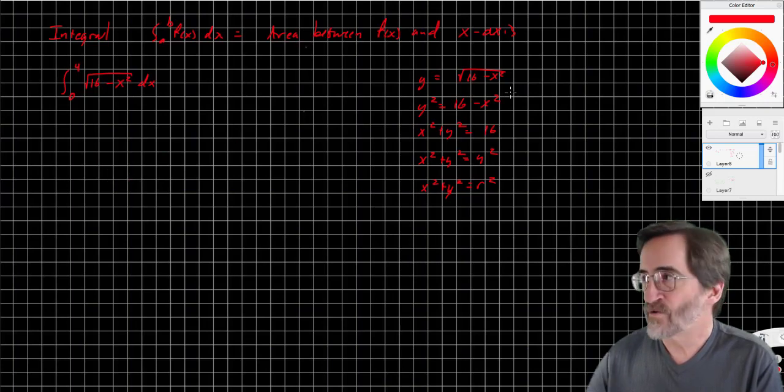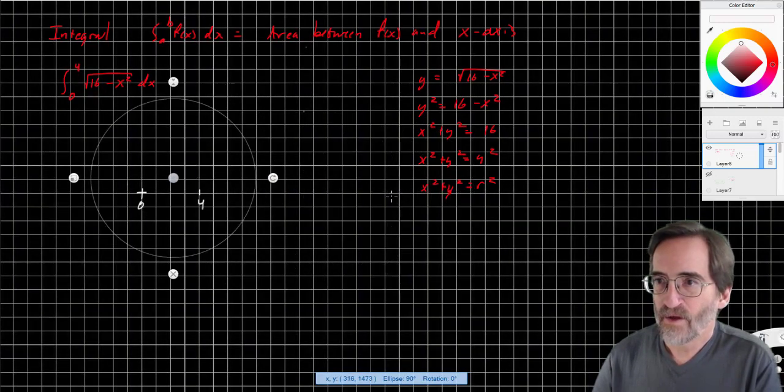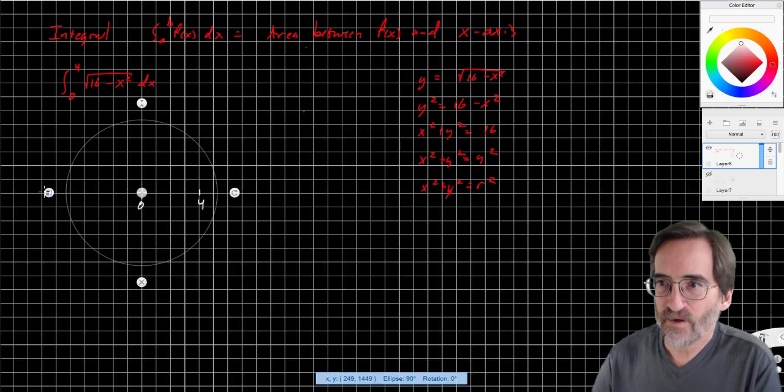So we've got literally a circle from 0 to 4. Okay, and it's the top half of the circle from 0 to 4. And we are finding the area under the curve.